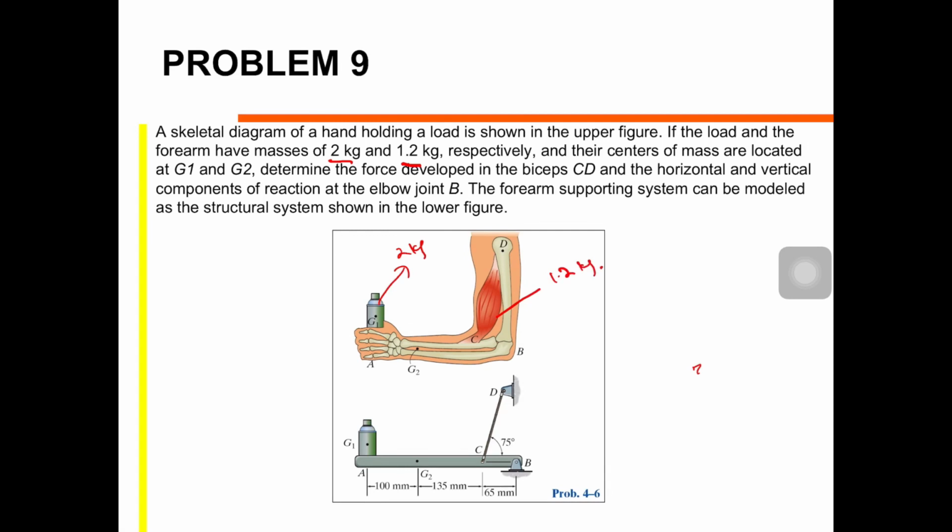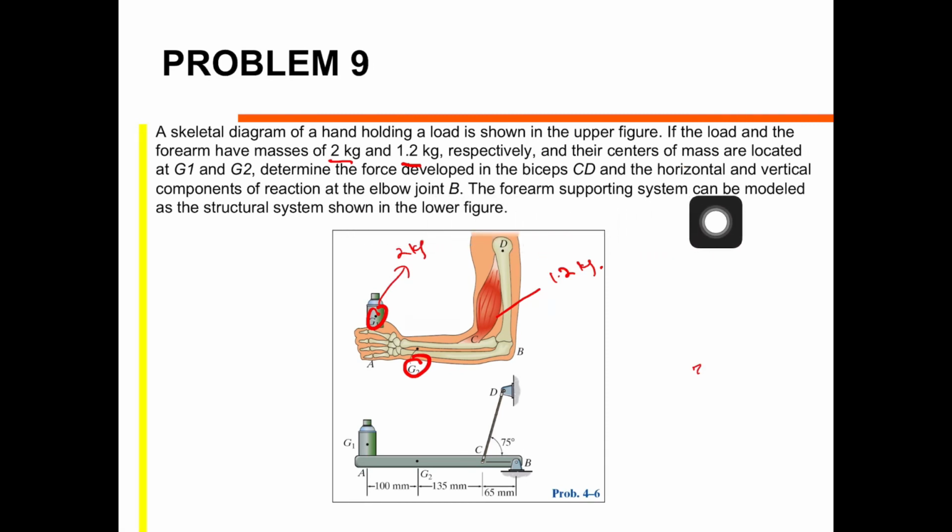And their center of mass is located at G1 and G2. Determine the force developed in the bicep CD and the horizontal and vertical component reaction at the elbow joint B.